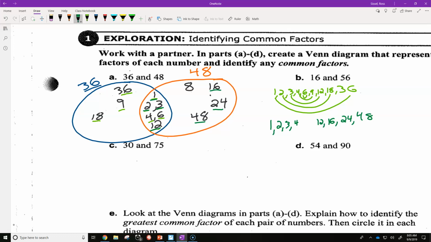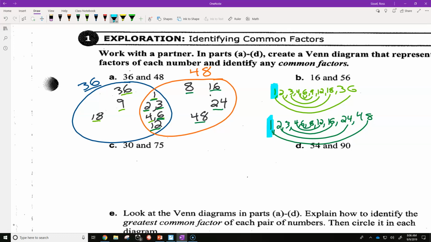Does 5 go into 48? No. Does 6? 6 was here and it goes with 8. Does 7 go into 48? And does 8? Yeah, but we already had the 8. 1, 2, 3, 4, 6 to 8, so we have them all. Now, when we looked at our common factors, we have 1, 2, 3, 4, 6, and 12.